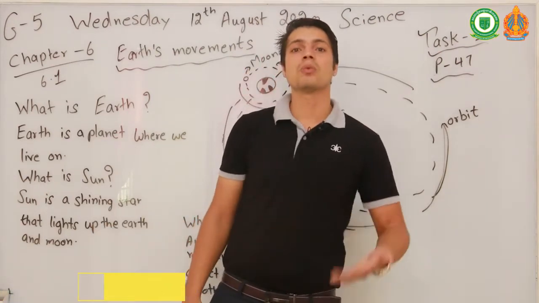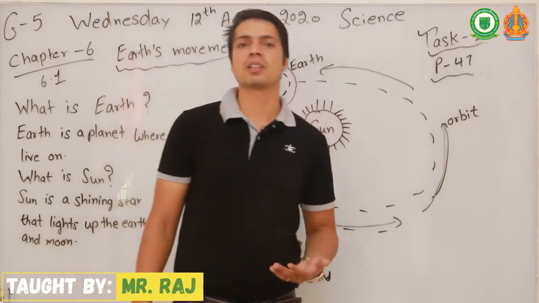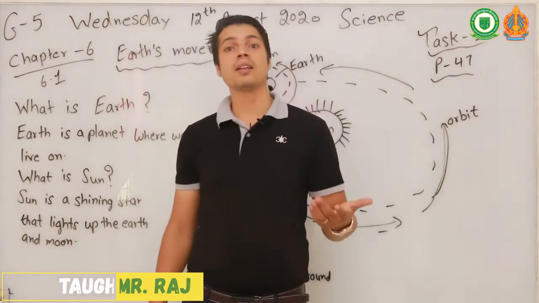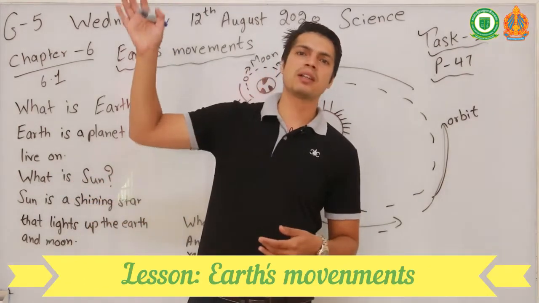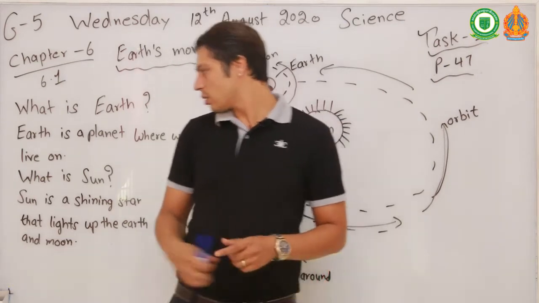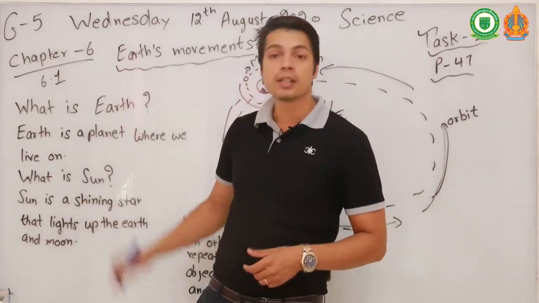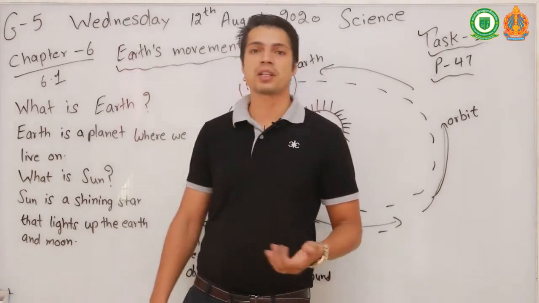So that means most of the stars have very high temperature. Some of the stars in the universe, they are even bigger than sun, but they are very far from us. That's why we see them very small, okay. So first difference, most of the stars have very high temperature.